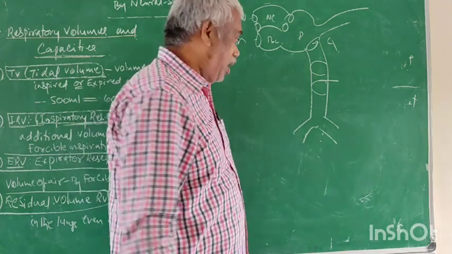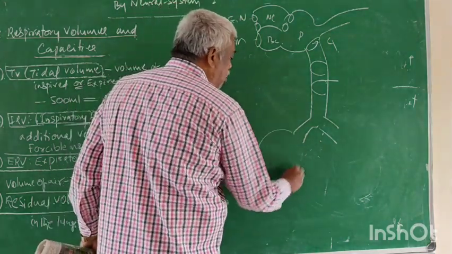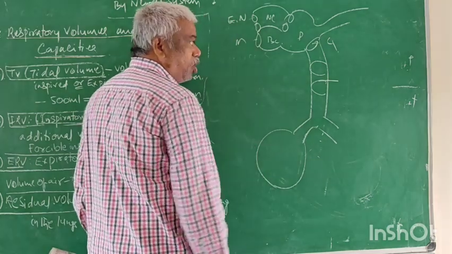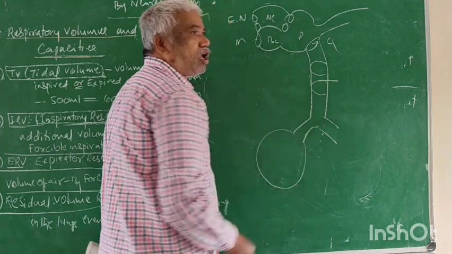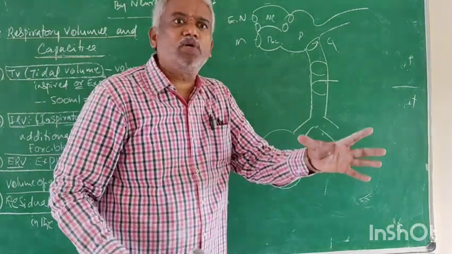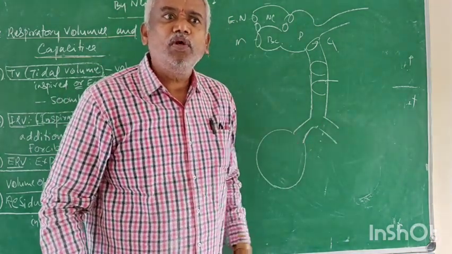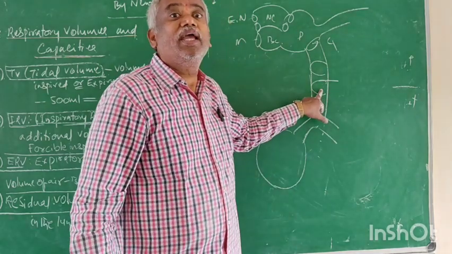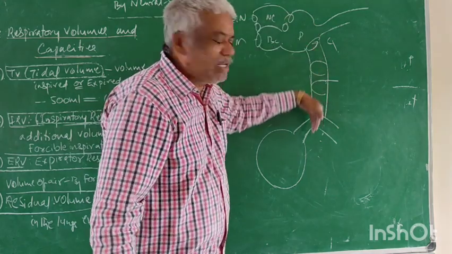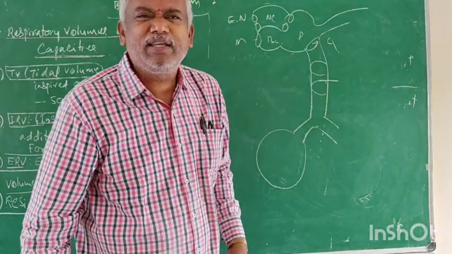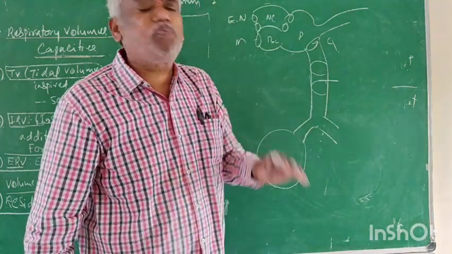Now come to this. What is this? Trachea is ever open. How is it possible? Due to the presence of incomplete cartilaginous rings. Due to this, the air can easily and fast pass.